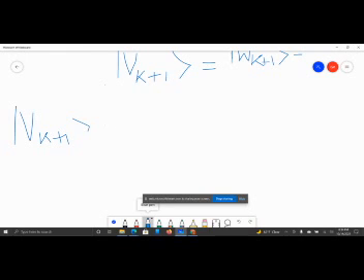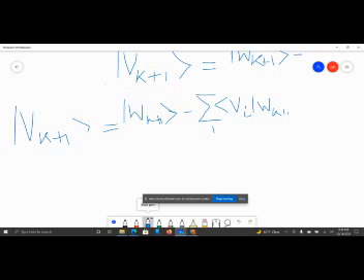So v k plus 1 is equal to w k plus 1 minus the summation over i of the inner product between v sub i and w k plus 1, and multiply this by v sub i. And then we would normalize this.